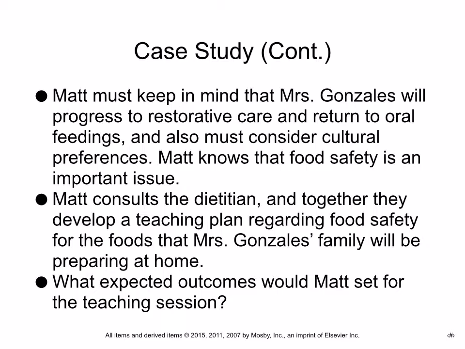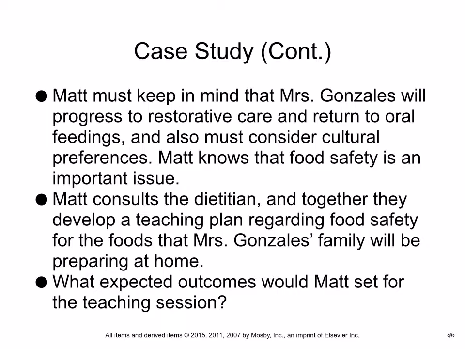And while Matt is doing it, he is also keeping in view the patient's cultural preferences, because how we see, how we dress, how we eat, how we look is more or less influenced by our background, and some of it is also influenced by our cultural preferences.